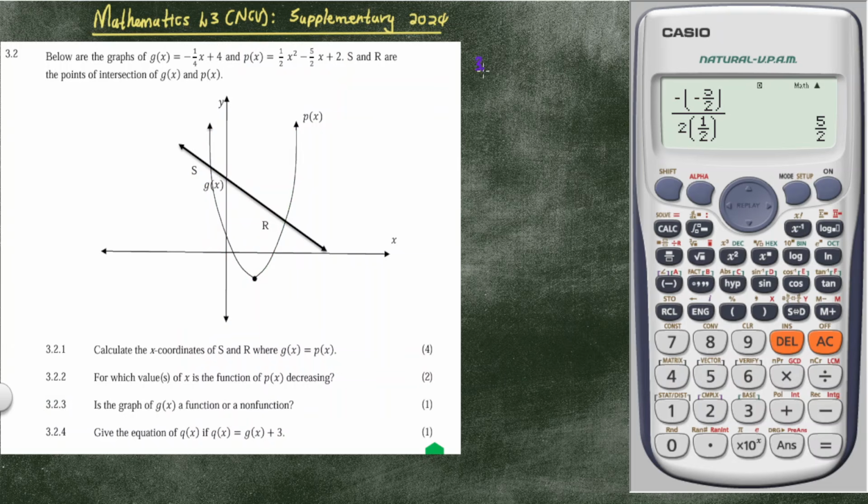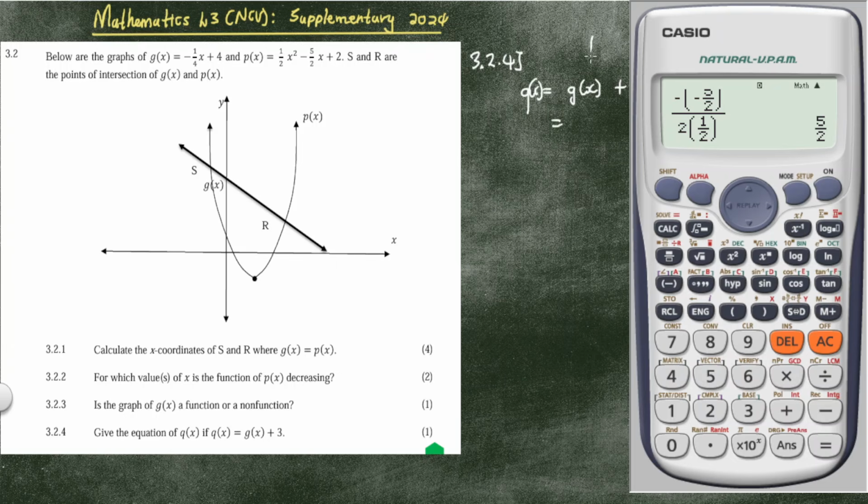Now for 3.2.4: give the equation of q if q is equal to g of x plus 3. So q is equal to g of x plus 3.